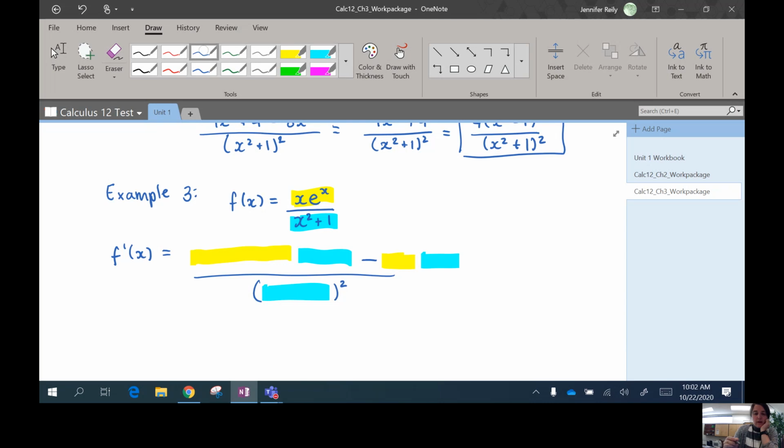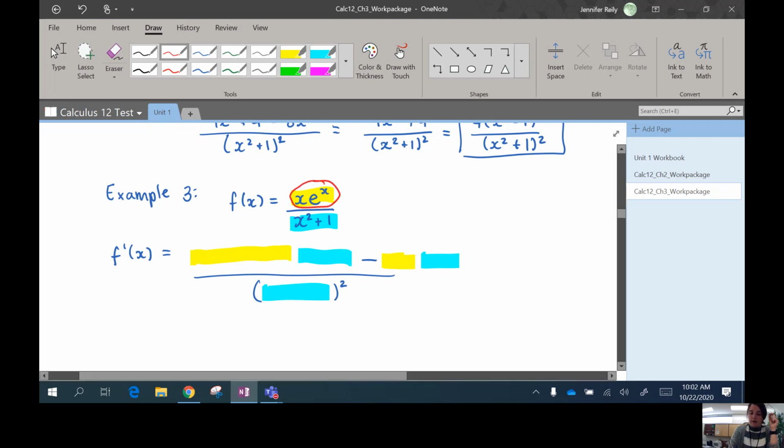However, when I'm doing the derivative of x e to the x, that is a product between x and e to the x. So this is a product, so I need to use the product rule when I'm doing the derivative of the yellow part. Sometimes you need to do a rule inside another rule.